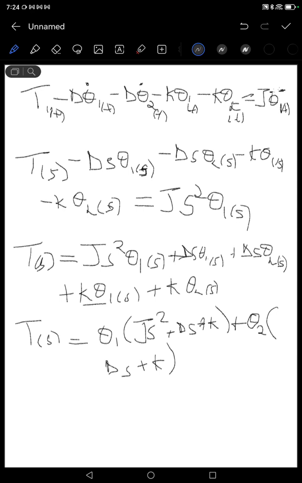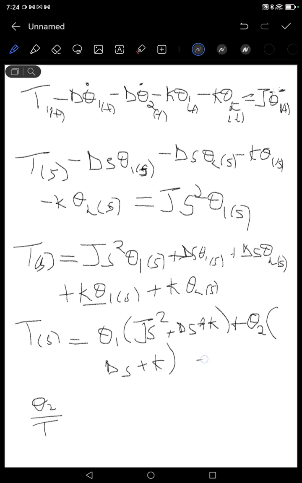Okay, and then in most cases they'll say, determine the transfer function of theta 2 over T, like this. So they'll ask us to determine that, and remember here we have theta 1 and theta 2, which means we're going to have two equations.